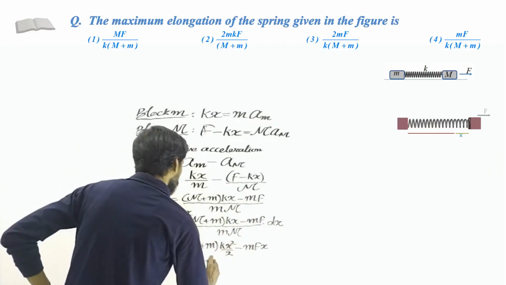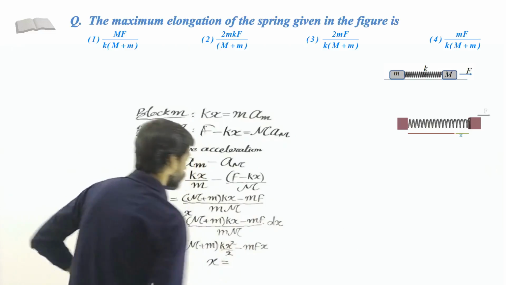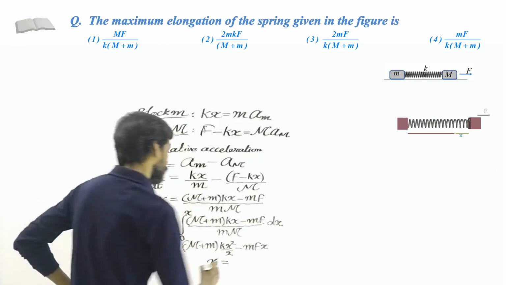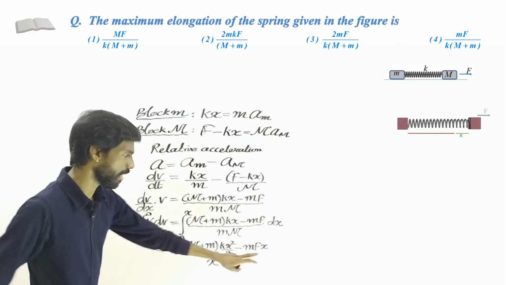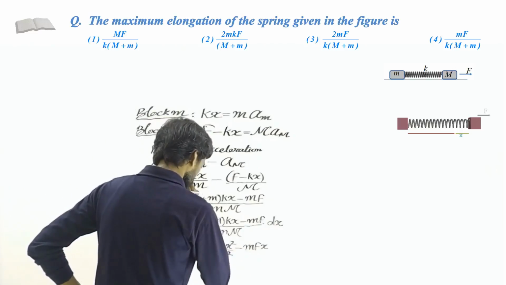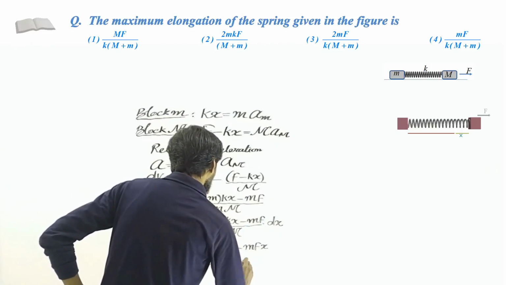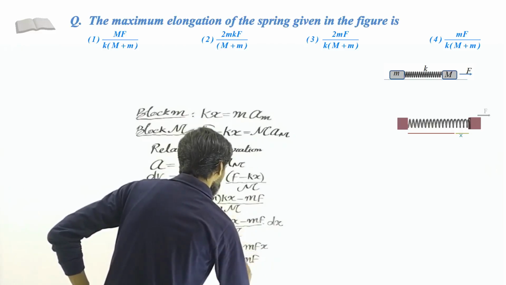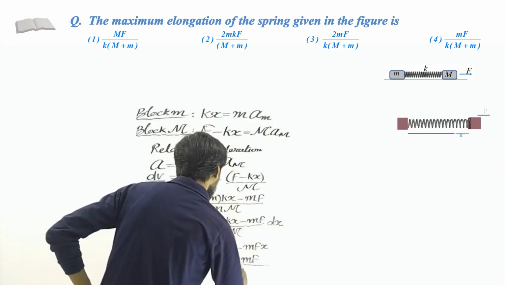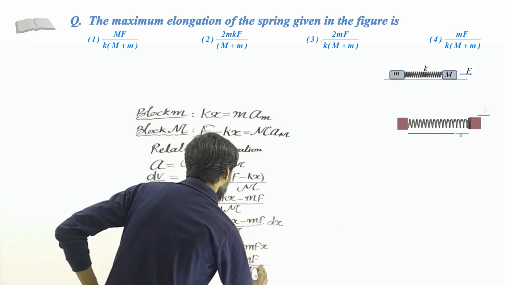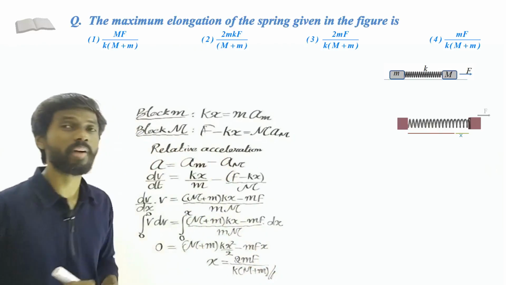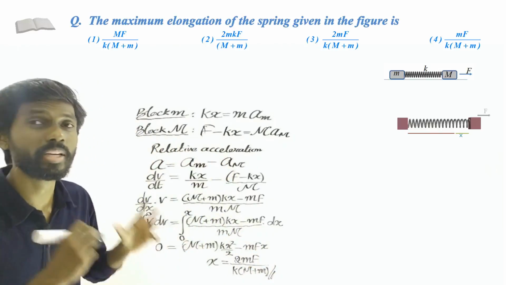If you cross multiply and divide by x, we get x equals 2mF divided by k multiplied by (M plus m). So that is the maximum elongation of the spring.